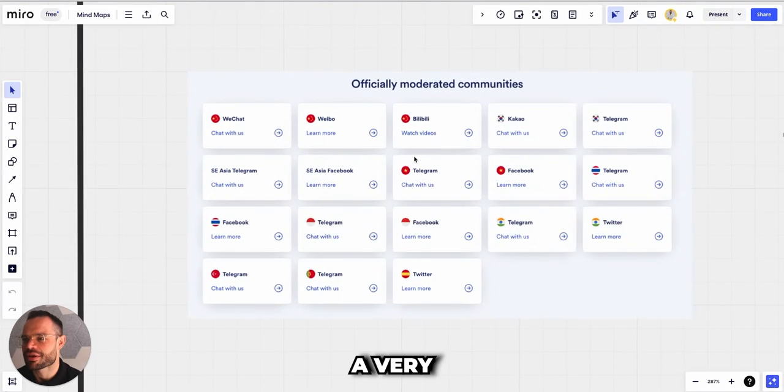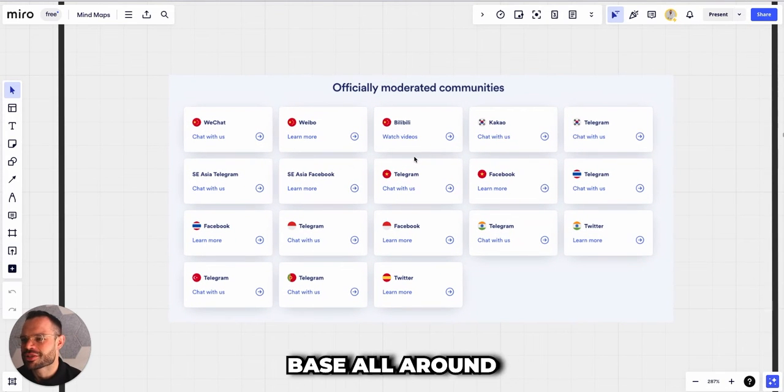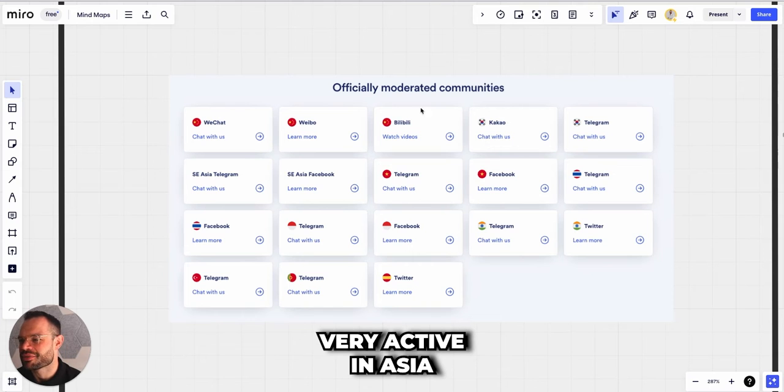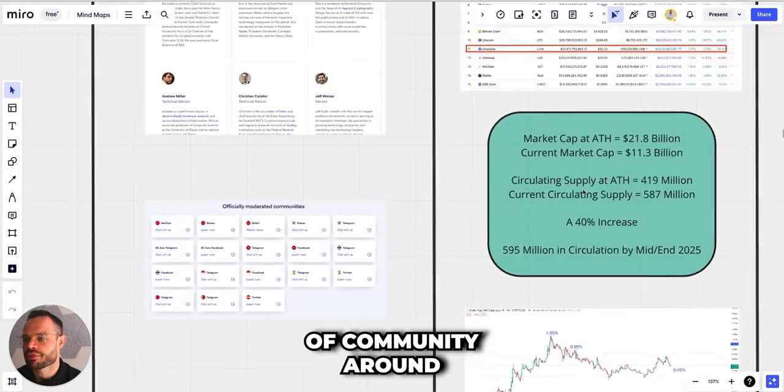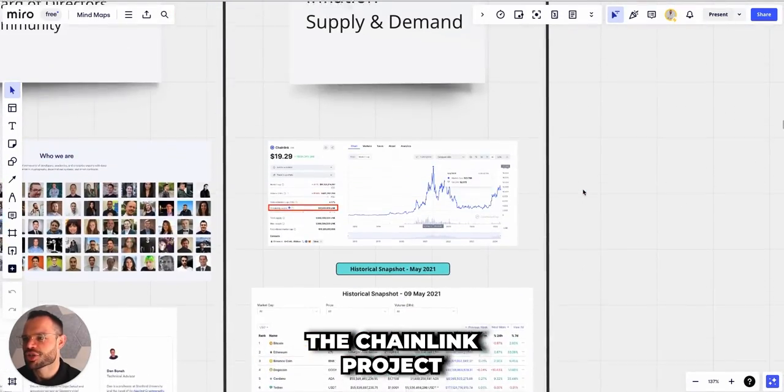Again, they've got a very heavy community base all around the world. On their website, they highlight a number of these different communities, very active in Asia, so South Korea, China, and a lot of the Asian markets, India, Spain, Portugal, Turkey as well.